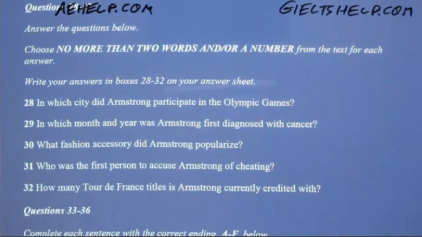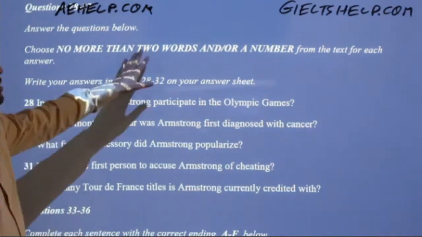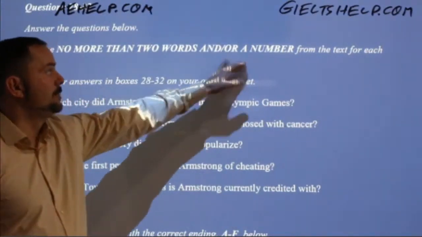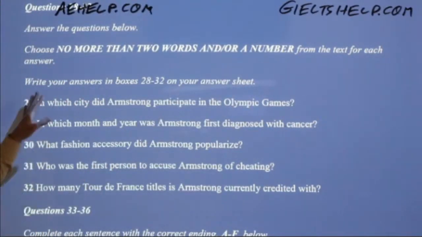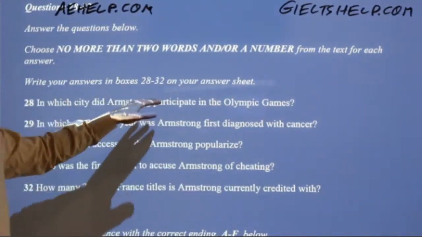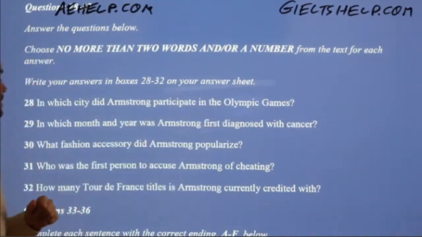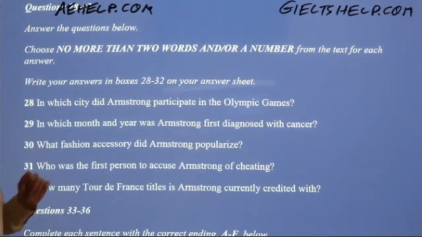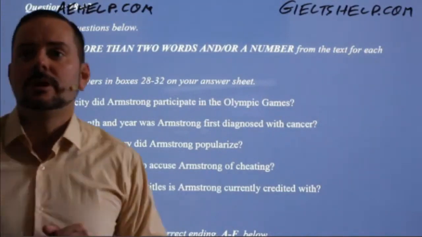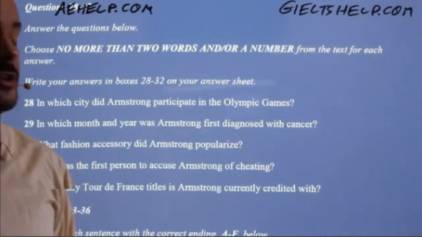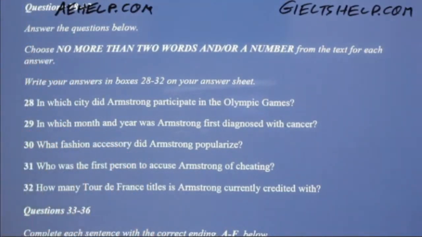And here, this is called a short answer. Okay, so 2 words and or a number. All right. Write your answers in boxes 28 to 32 on your sheet. So these will definitely help you with understanding the passage. So you should read these.